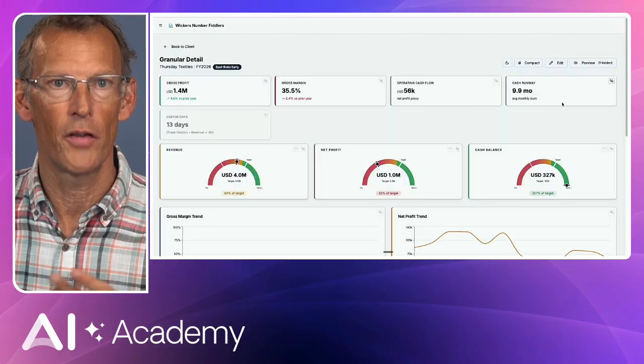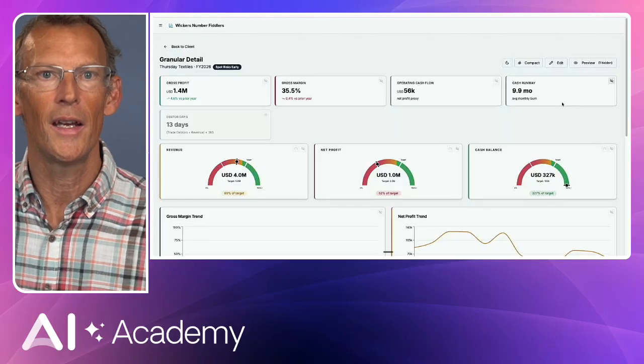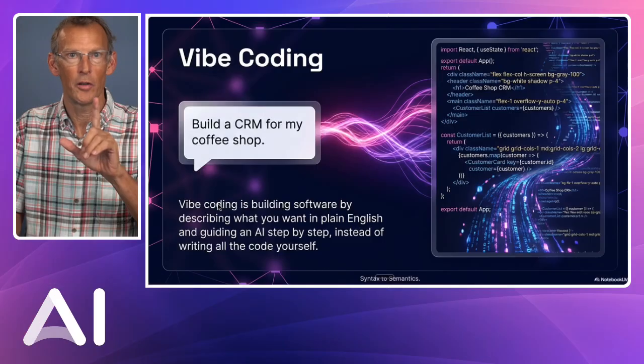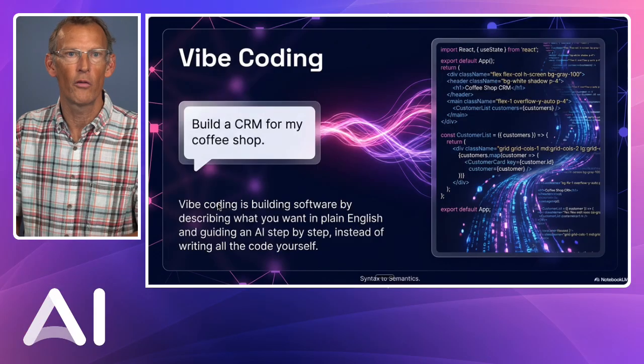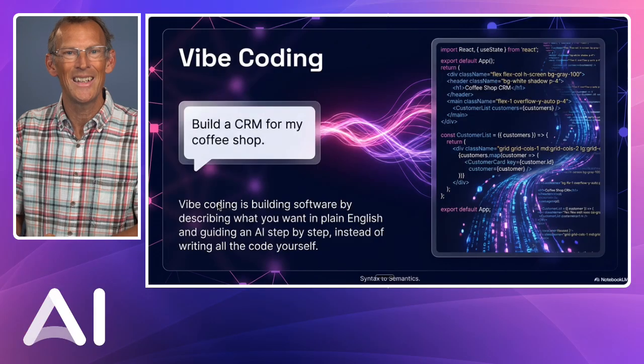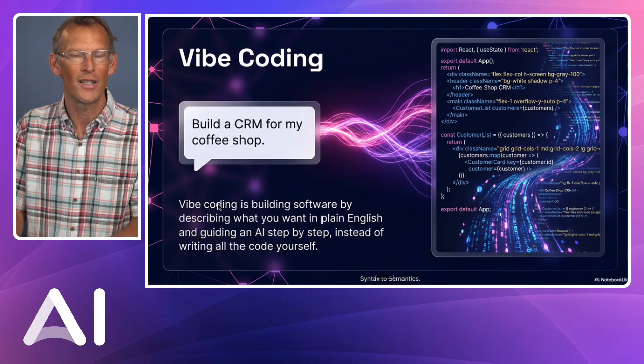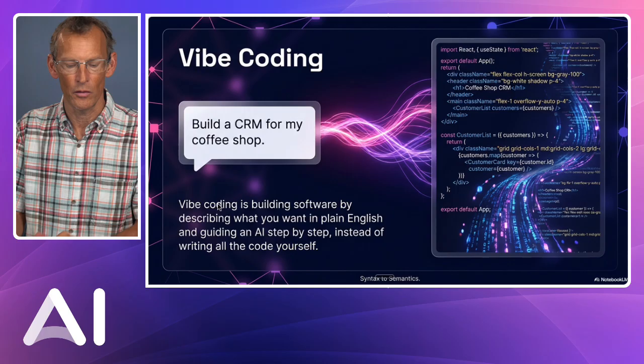Okay, so what on earth is vibe coding? Well, let me just give you a definition of that. Vibe coding is building software by describing what you want in plain English and guiding an AI step by step instead of writing all the code yourself.